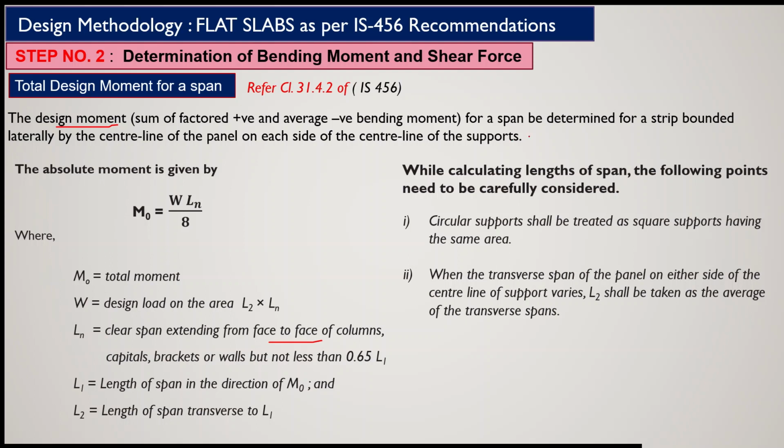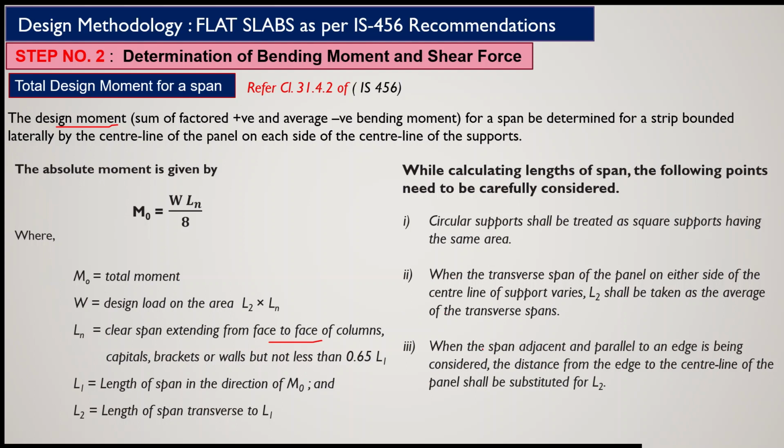Second point which you have to keep in mind: when the transverse span of the panel on either side of the center line of support varies, then L2 shall be taken as the average of the transverse spans. To avoid any confusion in the second point, you have to wait for the design problem, which later on we will be solving.